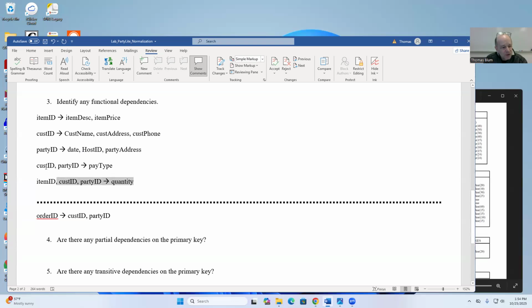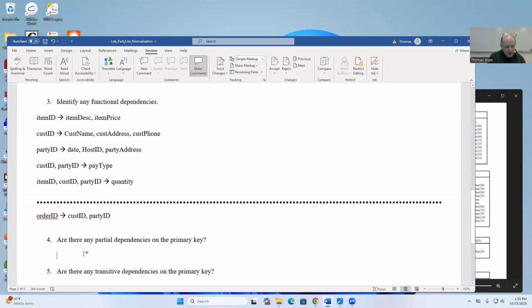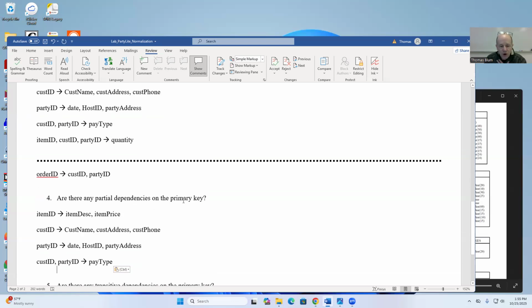So up here with this approach to the primary key, these were all partials. But if we had decided to go with order ID, then some of these would be transitive. So I'm just going to keep to the original and say here, those were all partials. They had partial dependencies on the primary key. Item ID was part of the primary key, customer ID, party ID.